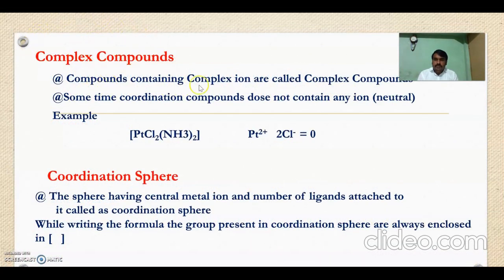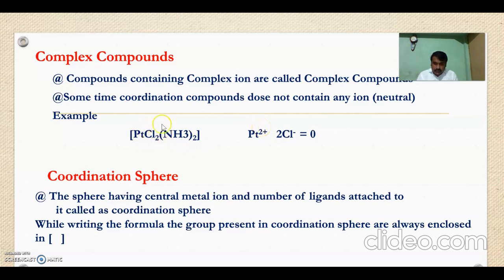The next term is complex compound. A compound containing a complex ion is called a complex compound. Sometimes the coordination compounds do not contain any ion, and these are called neutral complex compounds. For example, cisplatin. Here the platinum carries plus 2 charge.